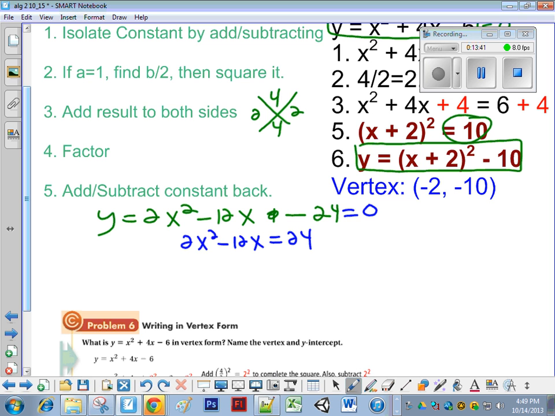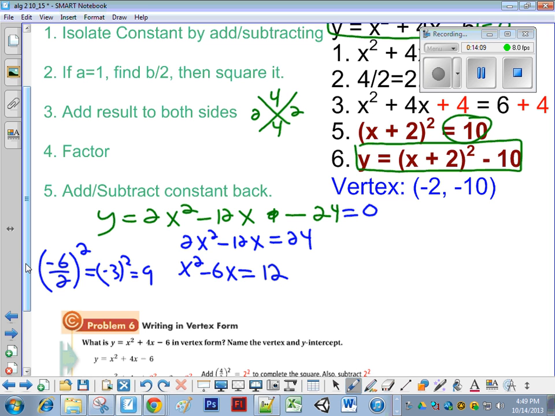Okay? Now in this case, if I divide by 2, I'm now going to have x squared minus 6x equals 12. All right? Off to the side, I'll do negative 6 over 2 and square it. That's going to give me negative 3 squared, or 9.